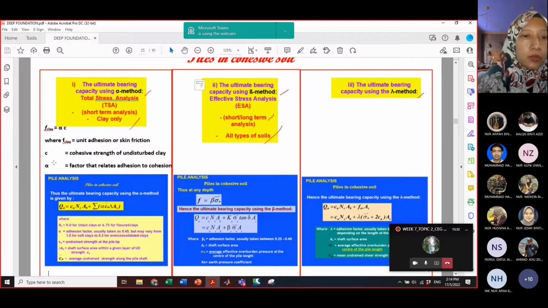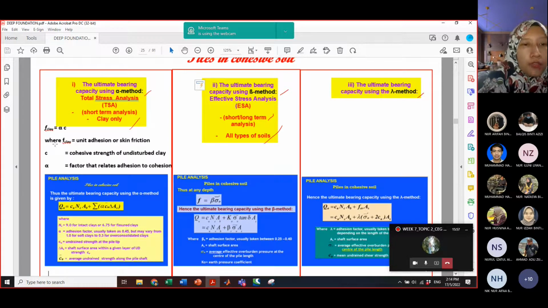For example, if we look at the alpha method, F is the skin resistance, F clay is equal to alpha times C. For clay or cohesive soil, we do not call it skin, we call it adhesion factor.